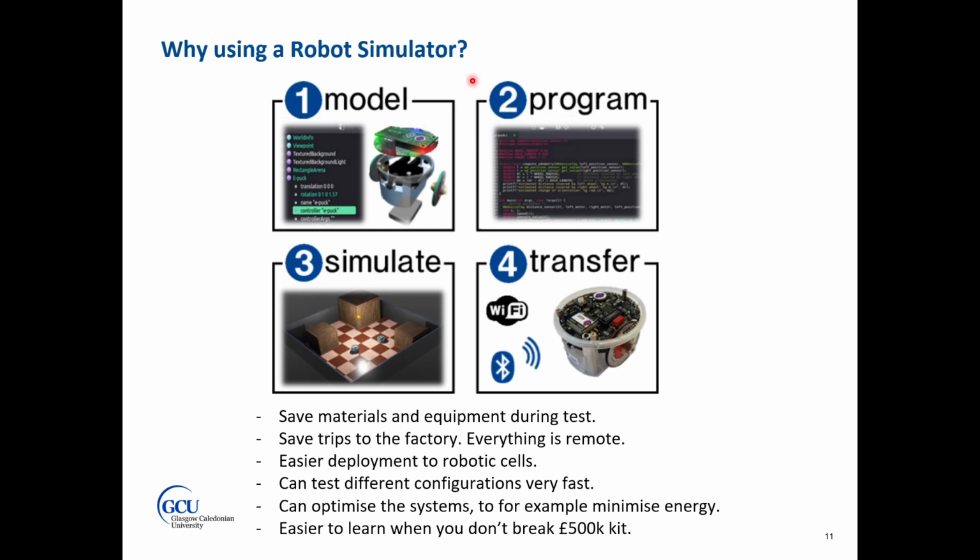The second thing is that once you have modeled your robot and you have a digital robot in your system, you can program its behavior. So with a programming language, you can define how it is going to work.